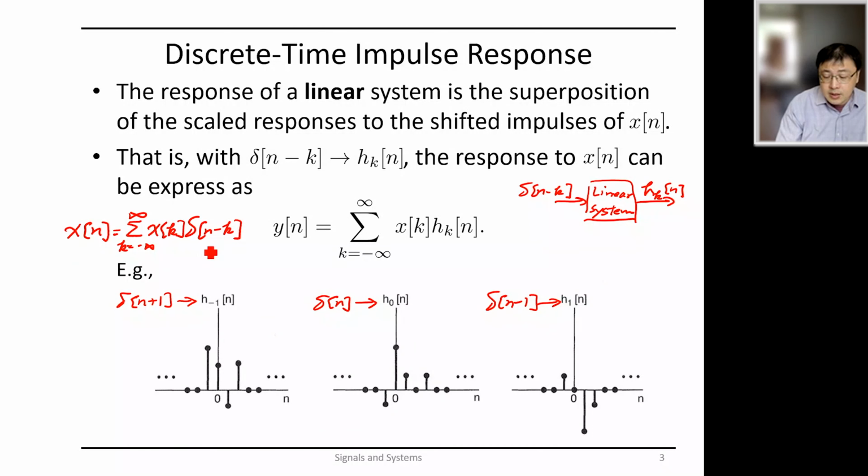So if the input is a superposition of these unit impulse functions, then by the linear property, the output of xn, let's denote it by yn, should also be a linear combination or superposition of the corresponding responses of these unit impulses. Okay. So do we have any questions?